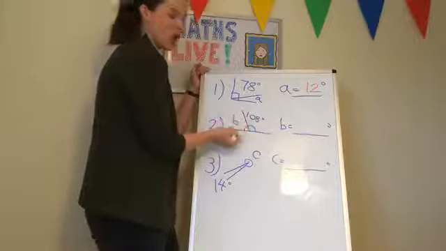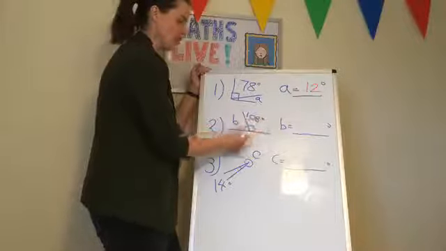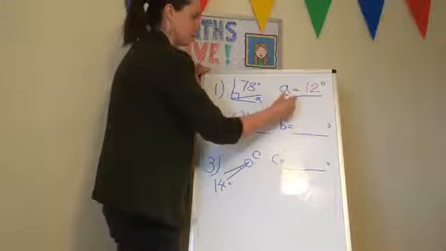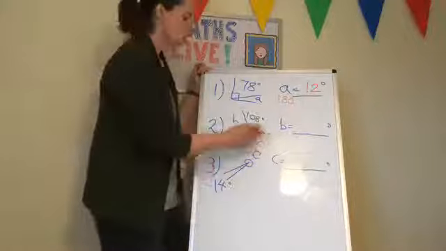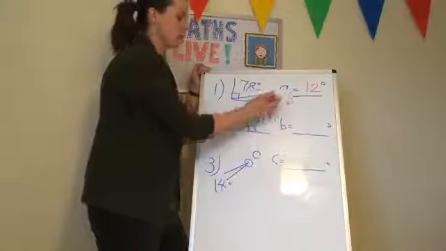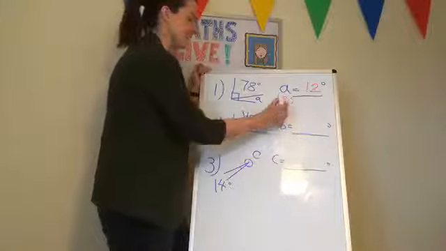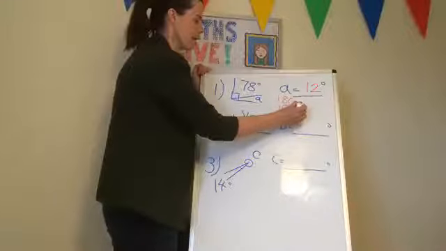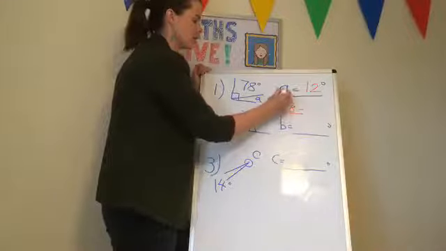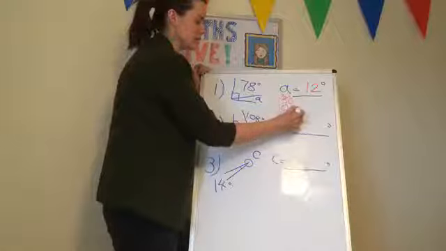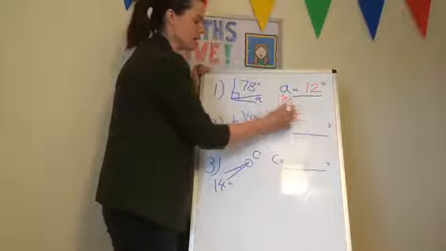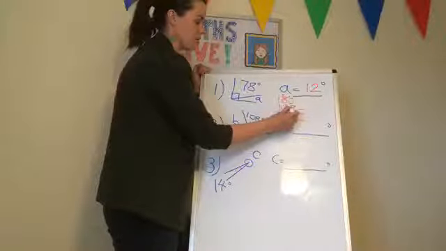With this one, we know it's a straight line. We know it's 180 degrees. We have been given 108, so 108 and B make 180. Got the same numbers all mixed up here. So 8, 7, so that's 10, take away 8 is 2. 7 take away 0 is 7.